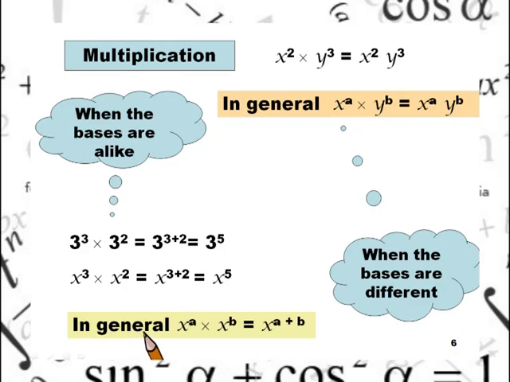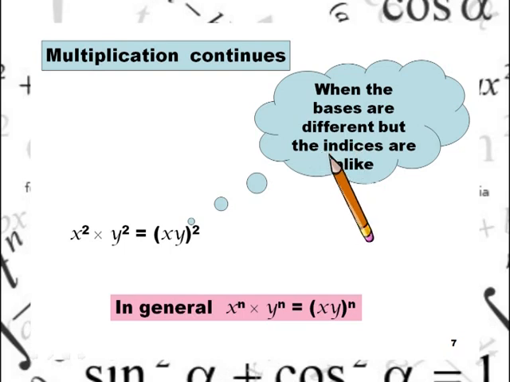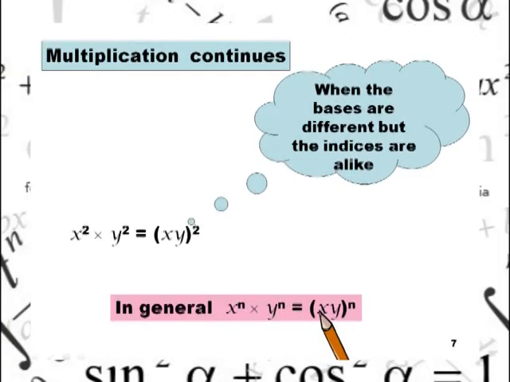In general, x to the a by x to the b equals x to the a plus b. When the bases are different but the indices are alike, x squared by y squared equals xy all squared. In general, x to the n by y to the n equals xy raised to the n.